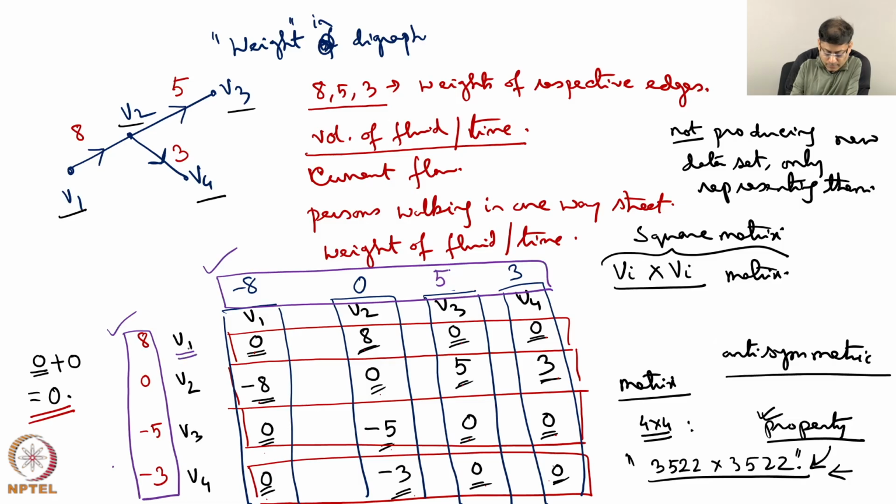If the V1 sum of all the row elements is 8, the V1 sum of all the column elements is minus 8. If the V2 row sum is 0, the same sum has been obtained here as the V2 column sum. If the V3 row sum is equal to minus 5, then the V3 column sum is 5, and if the V4 row sum is minus 3, the V4 column sum is 3.